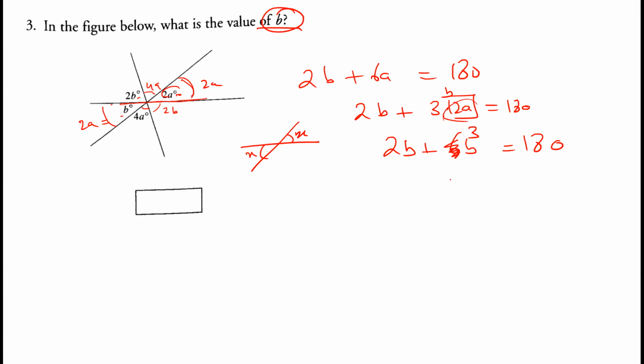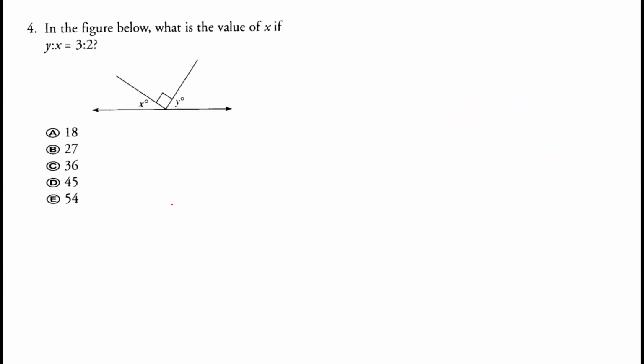So 2B plus 3B equals 180, so 5B equals 180, and B equals 180 divided by 5, which is 36. So this is the correct answer.